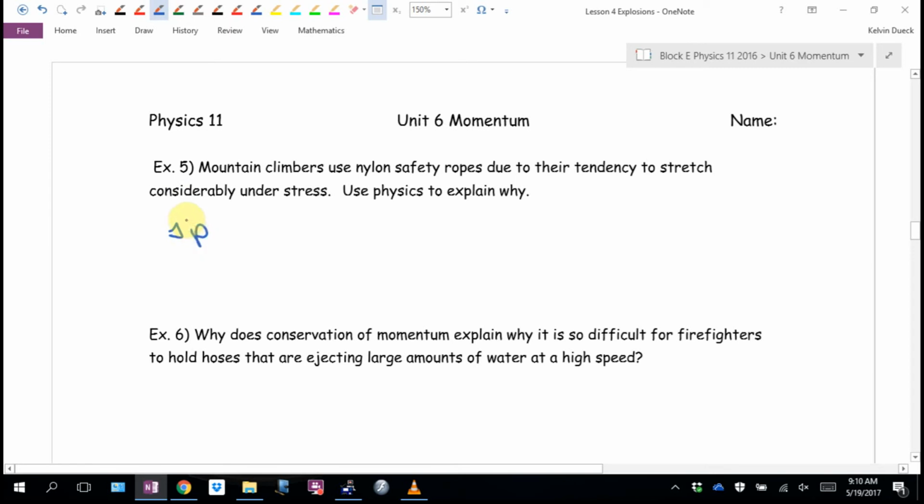If I fall, I want the rope to change my momentum, which is also force times time. I want it to bring me to a stop. As T gets bigger, F gets smaller. So if it stretches, if it lengthens the time of collision, it'll be less of a jerk to my body. Okay.